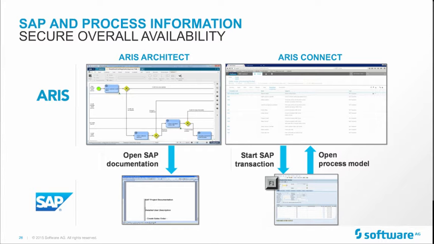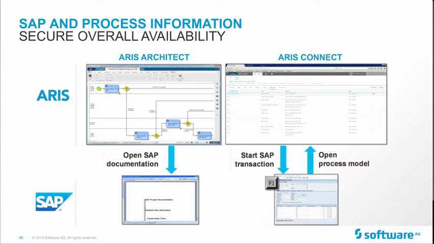And another thing which makes end users' life very easy is that you don't see only written documentation, you don't only see a document, you are able to jump directly into the related SAP transaction. So if you want to know how to create a sales order, you will have the possibility to jump directly into VA01.